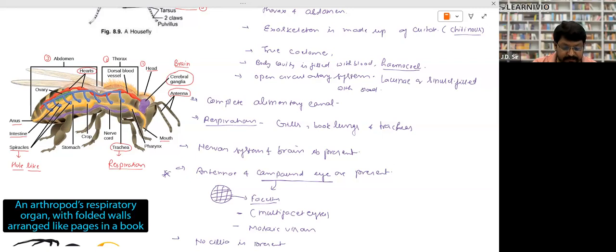In many arthropods, eyes are compound and multifaceted.